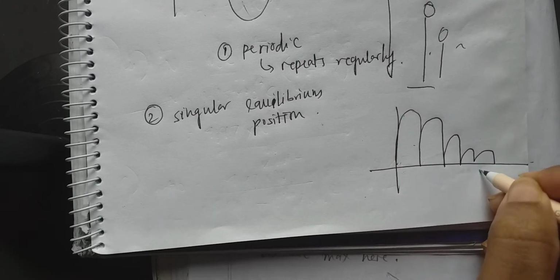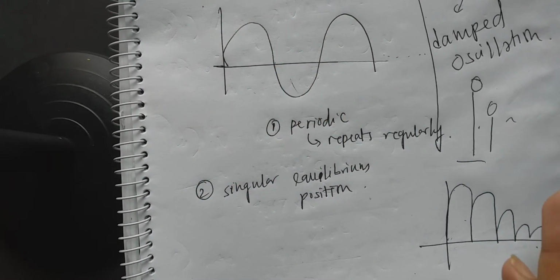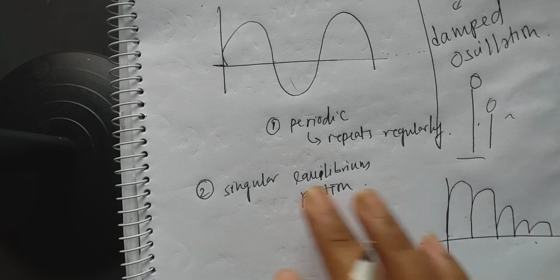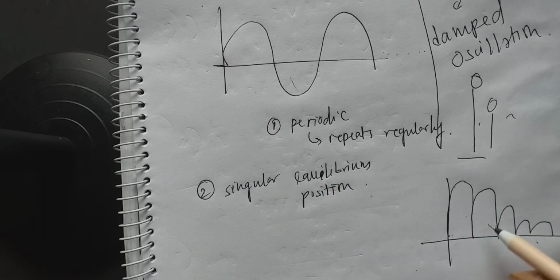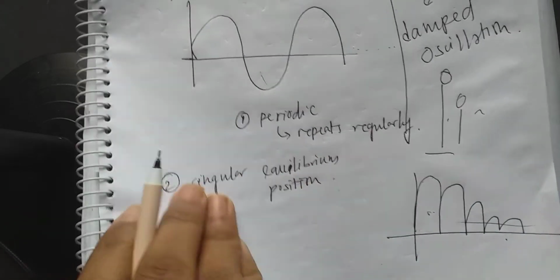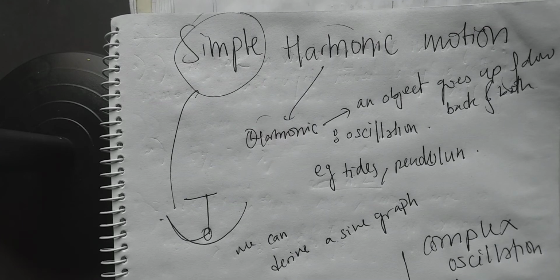You see this, it doesn't follow a sine curve, and moreover, it's not periodical, and third, it doesn't have any singular equilibrium position, right? So you get the point, like why it's called a simple harmonic motion and how the name thus is given.